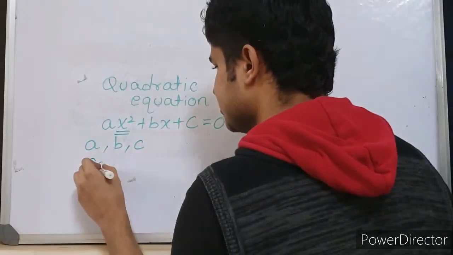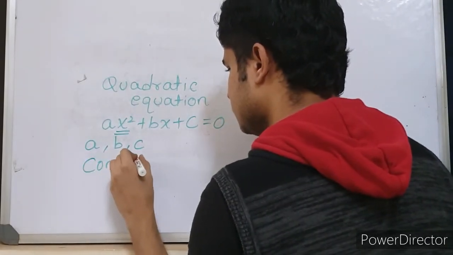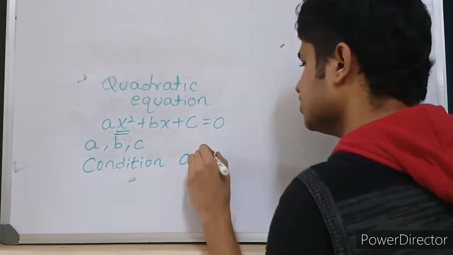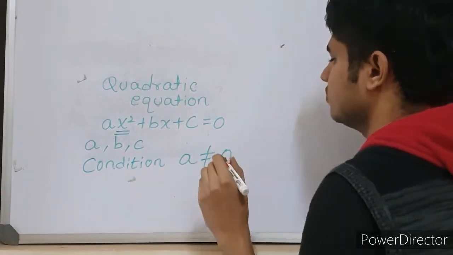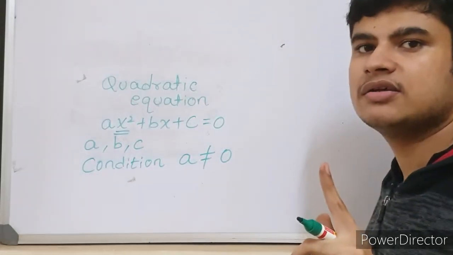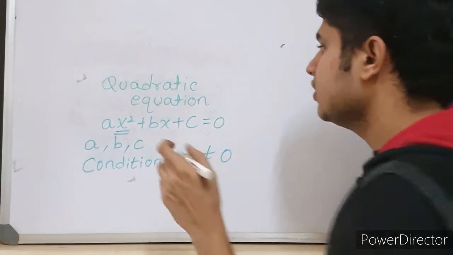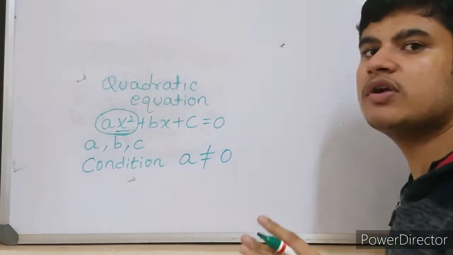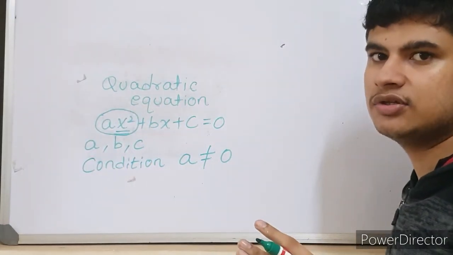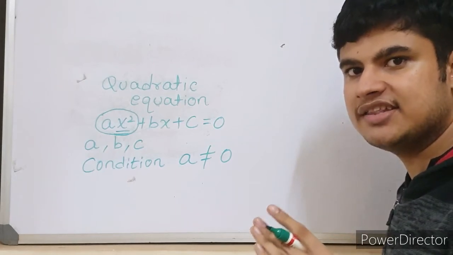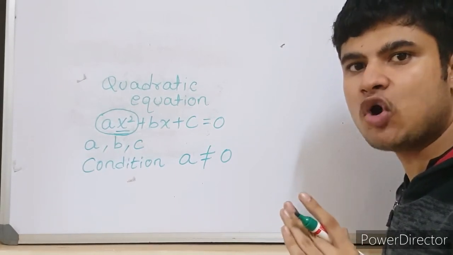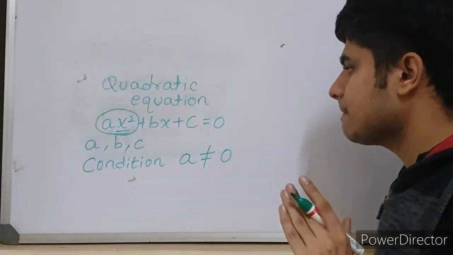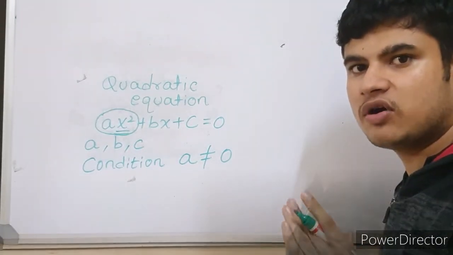The condition is a ≠ 0, because if a is equal to 0, then this whole term will get eliminated and we won't get a quadratic equation. So a quadratic equation is an equation whose highest order or degree is 2. I hope you all understood what is a quadratic equation.